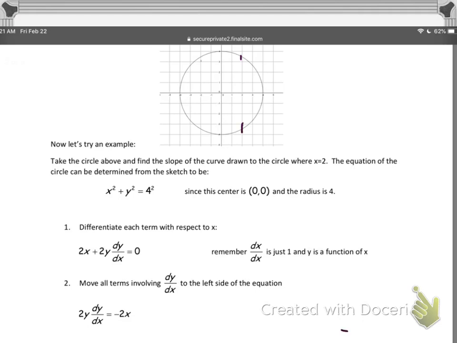So there are two places where x is 2. So you really could get two equations. We're going to concentrate our work for this purpose just in the first quadrant. So I'm going to restrict us to the first quadrant just for ease of demonstration.